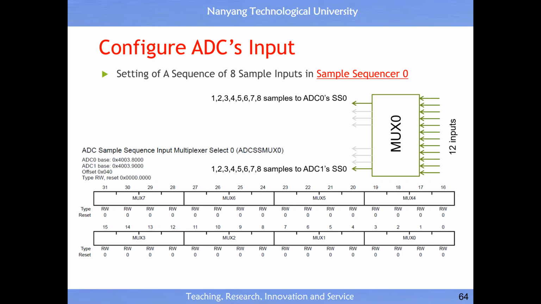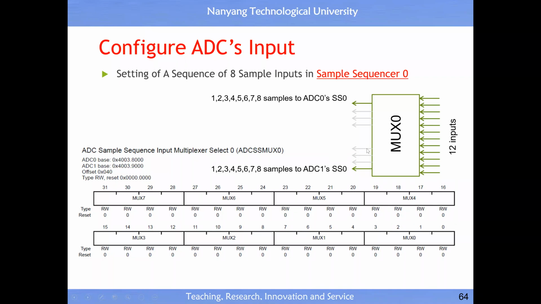Then you must tell which sensor sample number 0 comes from, so you need to use a group of bits to indicate. The multiplexer is to select which sensor: select sensor for sample number 0, sensor for sample number 1, sensor for sample number 2, all the way to the selection of a sensor for sample number 7.